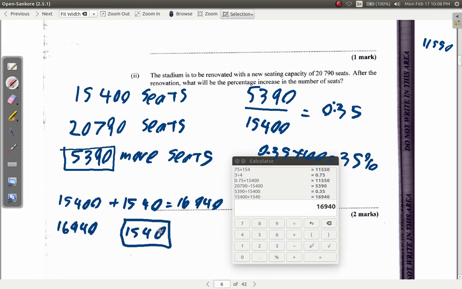Now this 1,540, we know that it's a 10% increase already, because 1/10 of 15,400 is 1,540.